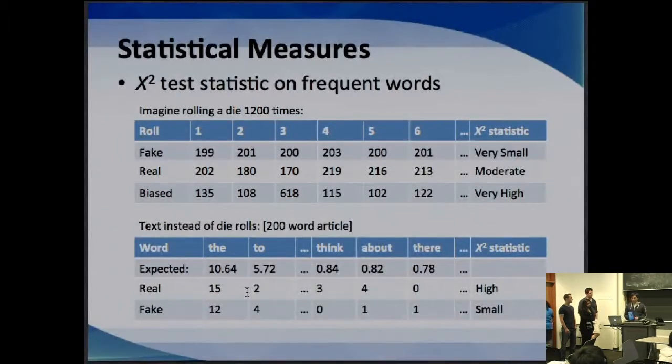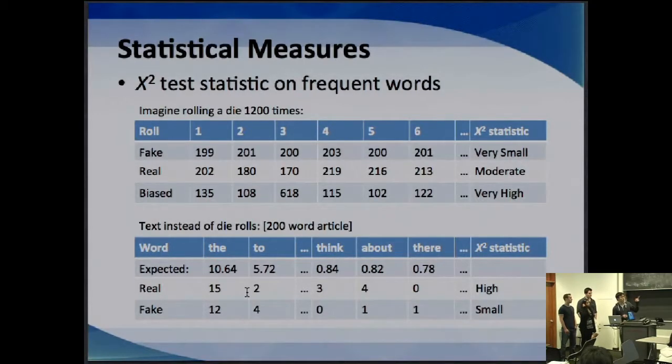Basically, it measures how closely the outcomes in some distribution are to the actual expected values. For example, if you roll a die 1,200 times, you expect the count for each number to be close to 200. Of course, you wouldn't expect it to be perfect.